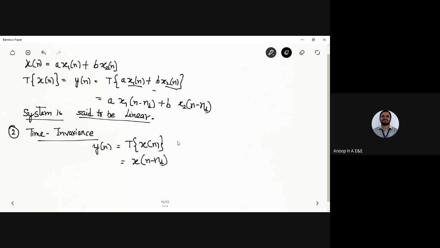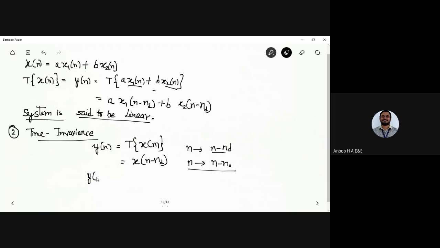Now what is the shift that you can see here? If I shift n to n minus nd, this is the shift in the input signal, but if I change n to n minus n naught, what happens at both the input and the output side?